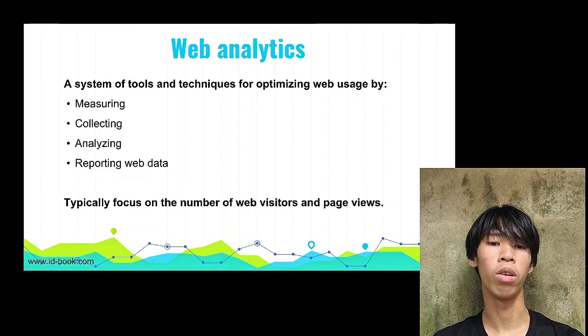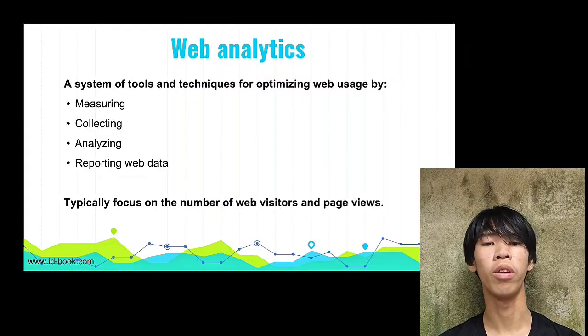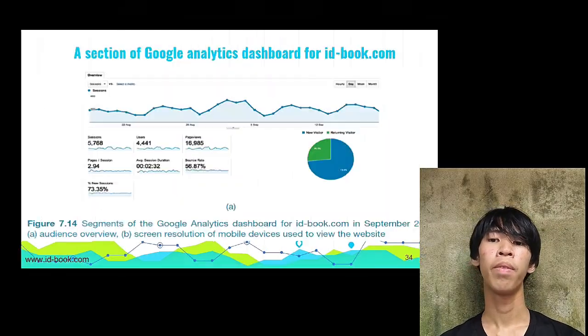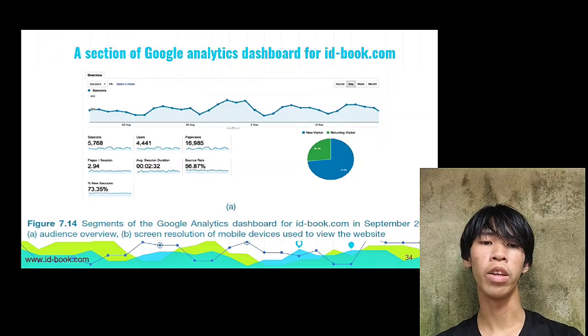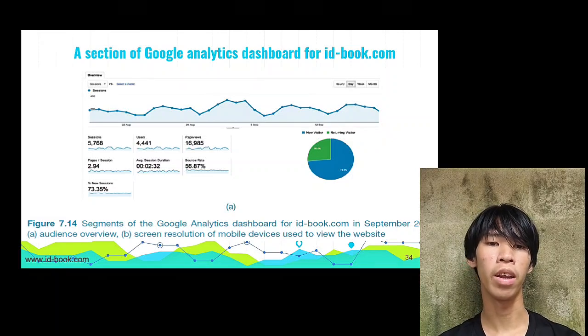You study those logs to understand usage patterns. Then, let's go to the next slide, which is a section of Google Analytics dashboard for idbook.com. This slide introduces Web Analytics. Web Analytics tools measure and analyze activity on a website.